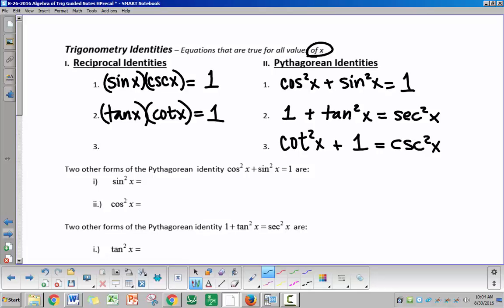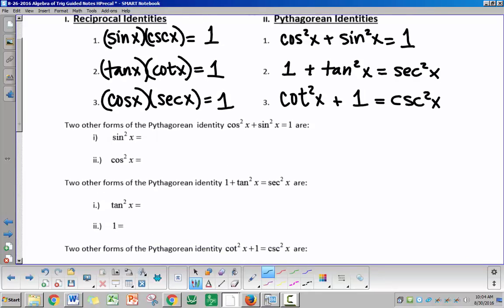Cosine x times secant x, yes. Are you noticing wonderful things are happening all over the place? A lot of ones. Nice, right? We like it when we can replace the trig functions with 1.